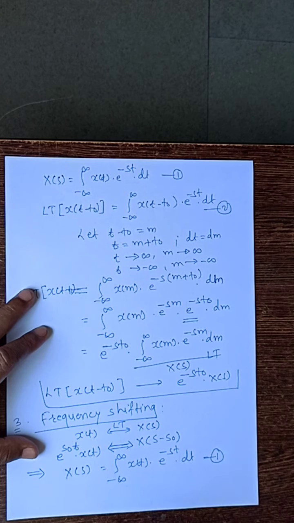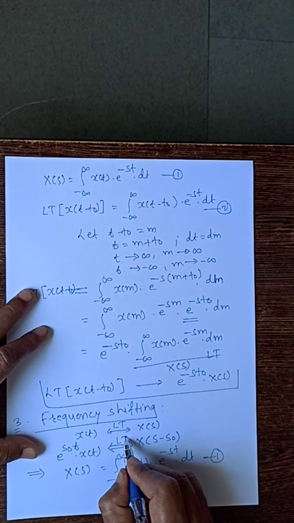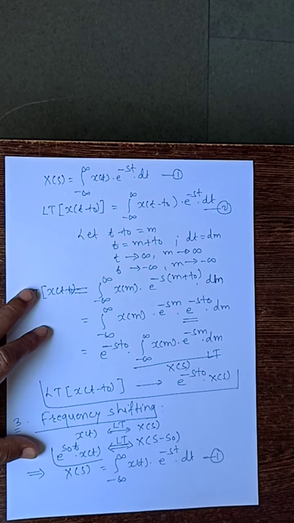Now we want the Laplace transform of this quantity, the Laplace transform of e^(s0 t) x(t). If we find the Laplace transform of this left hand side, then we are going to check whether the signal is shifted by s0 amount in the frequency domain or not.